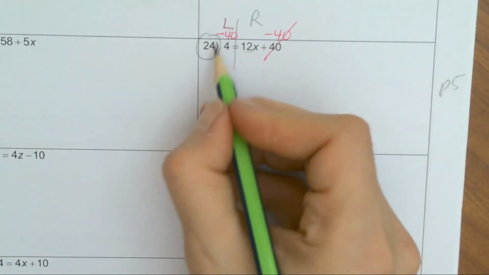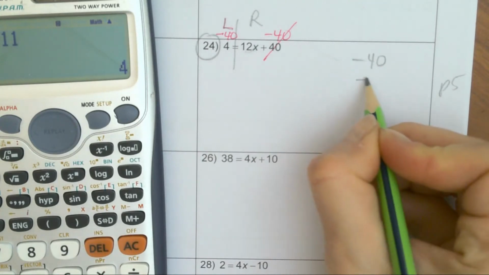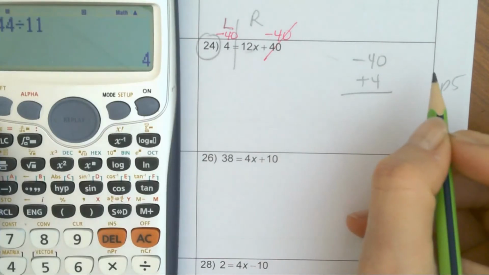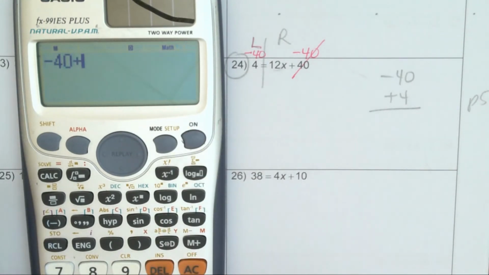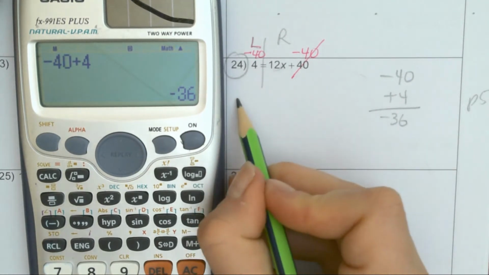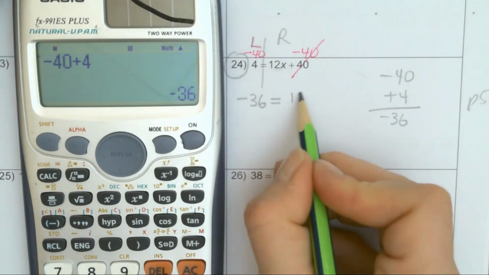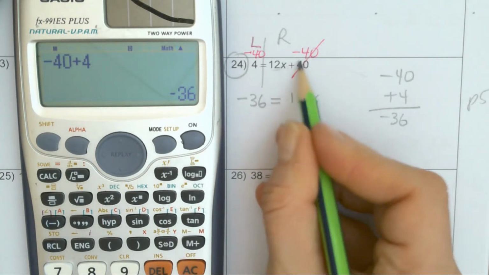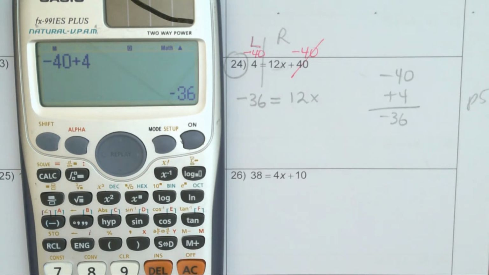On my left side, I have a minus 40 and a positive 4. So how much is that? Minus 40 plus 4. So I put subtract 36 equals my 12x, and that's a 0, so it's gone. So now I say, who's my best friend? 12 or 36?